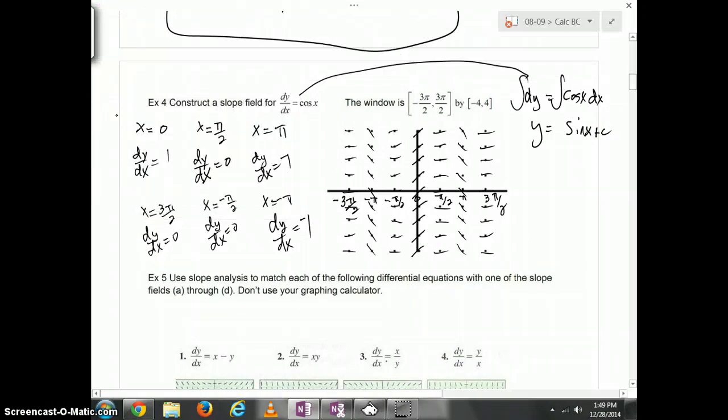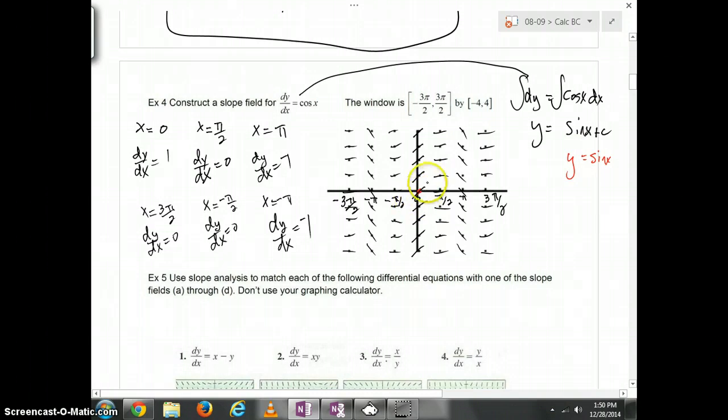Now, what would that look like if we had the sine of x as a particular solution to this differential equation? You can see that for an initial value, if I were to let x equal 0, the sine of 0 would be 0.